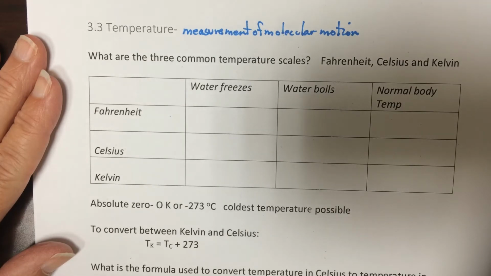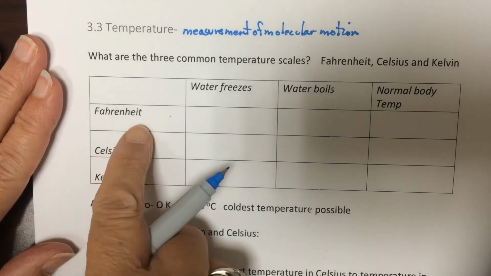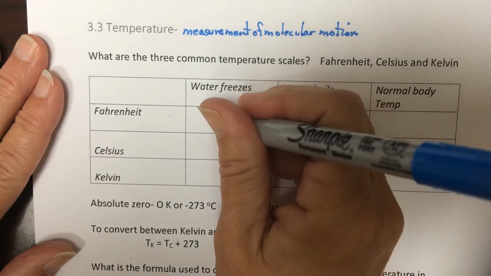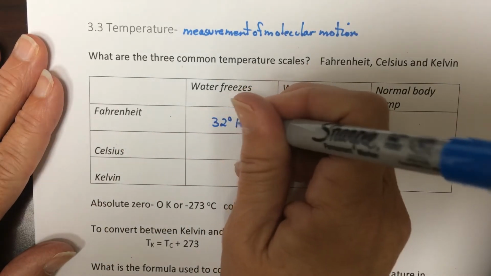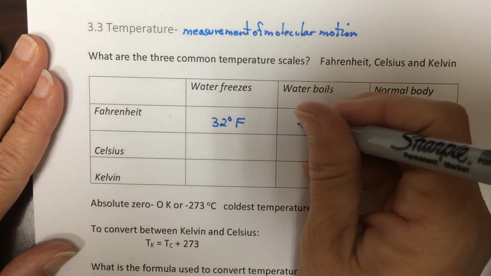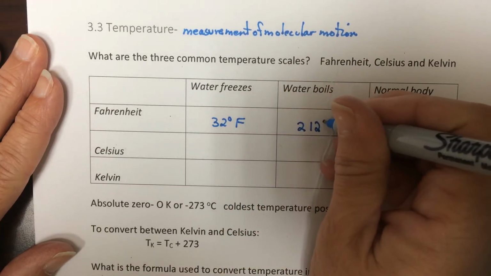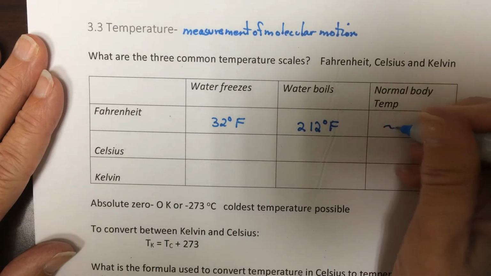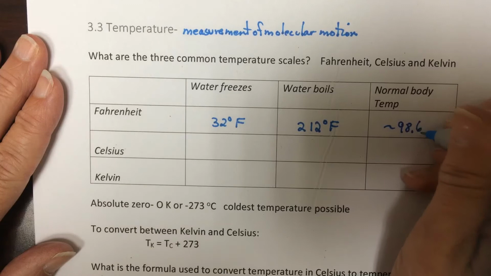We use 3 different temperature scales. In the United States, we use Fahrenheit. Water freezes at 32 degrees Fahrenheit, and it boils at 212 degrees Fahrenheit. Normal body temperature is right around 98.6.